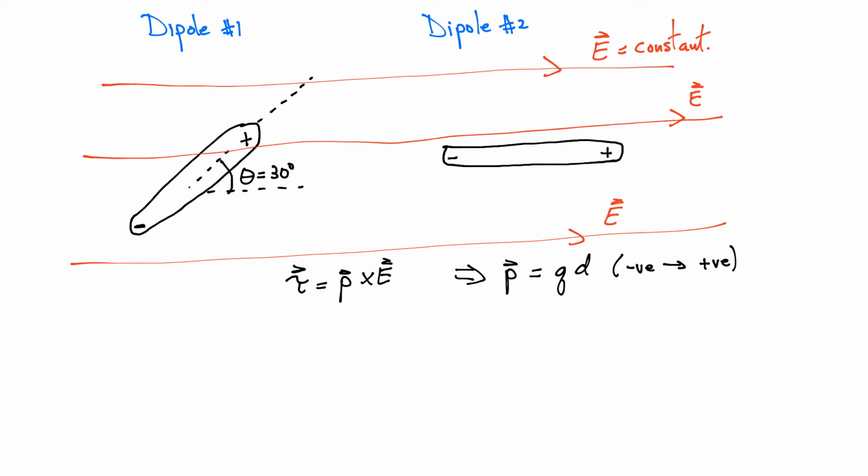Okay, so let's draw the vectors P and E for both of these cases, for dipole 1 and dipole number 2. So here's what we have for dipole number 1. Here's the vector P. Here's our electric field. And I've said that the angle here was 30 degrees.